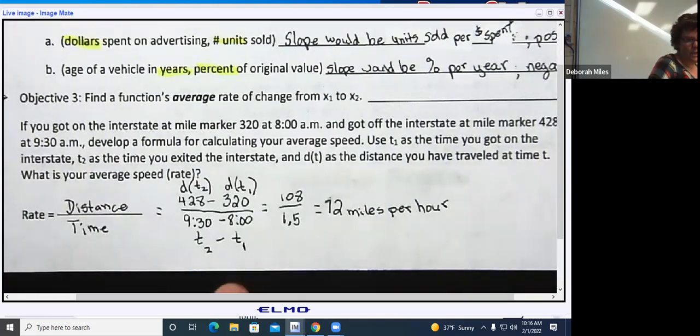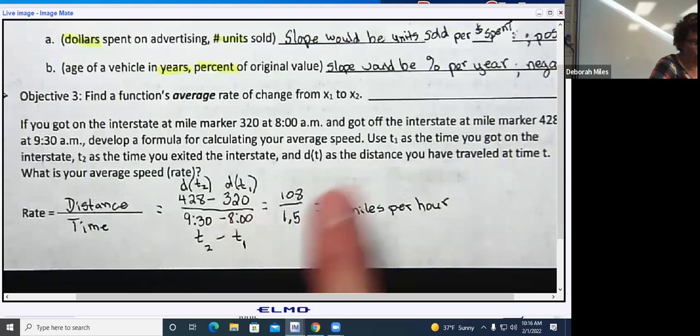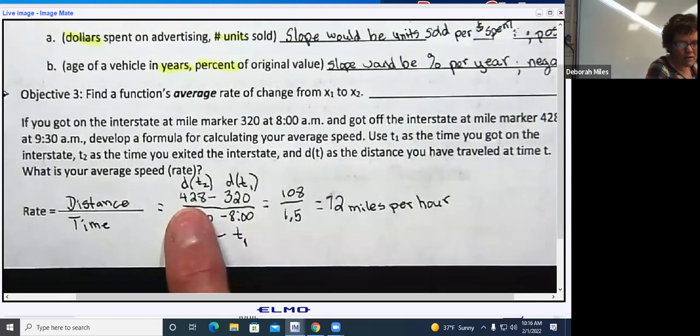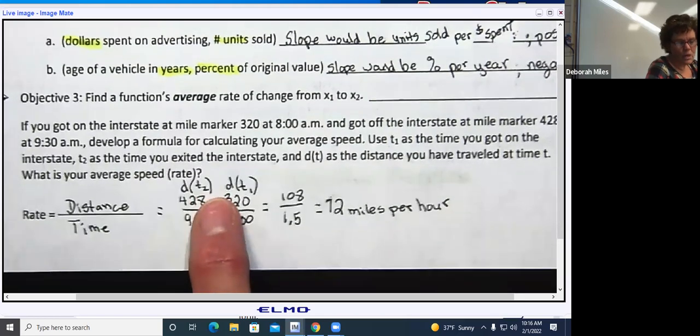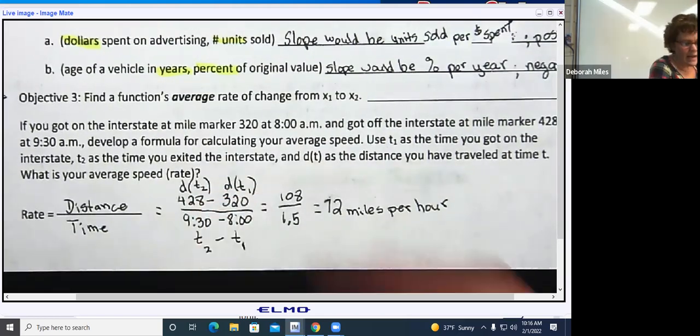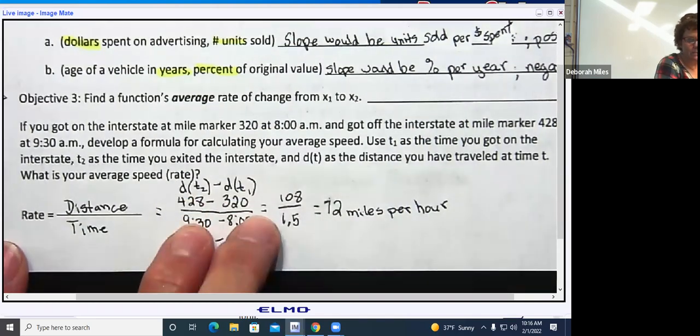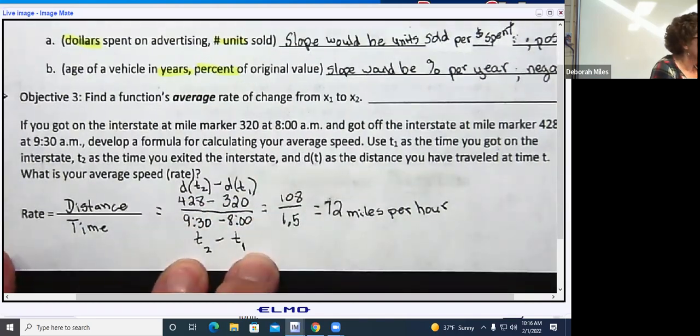So our formula for finding a rate of change is just D of time 2 minus D of time 1. That gives us a total distance divided by total time.